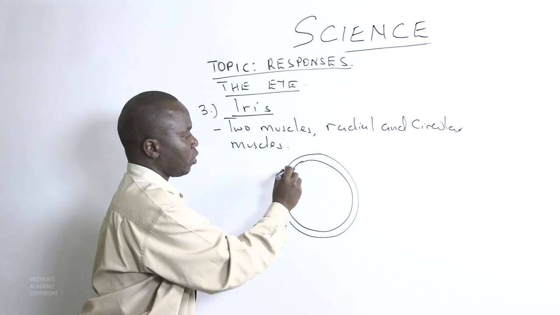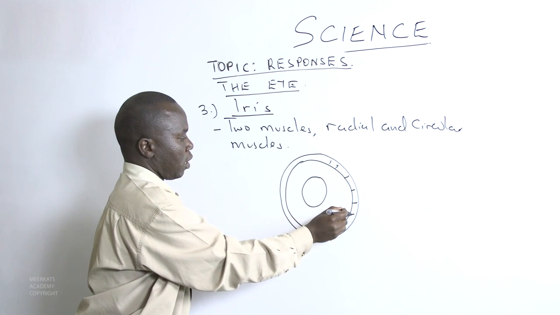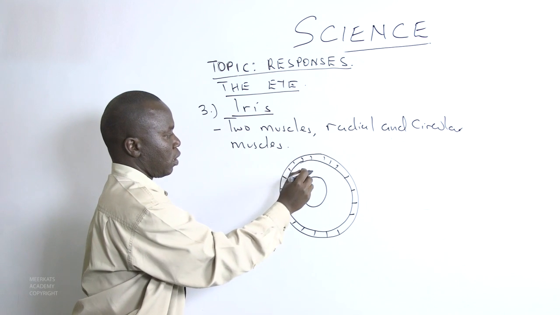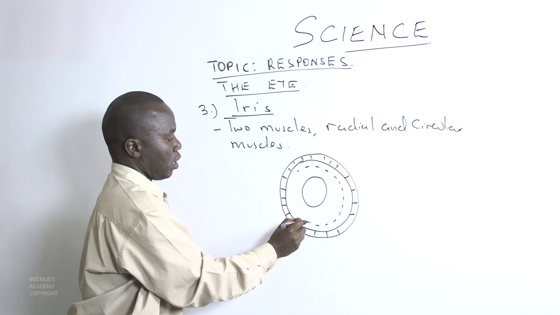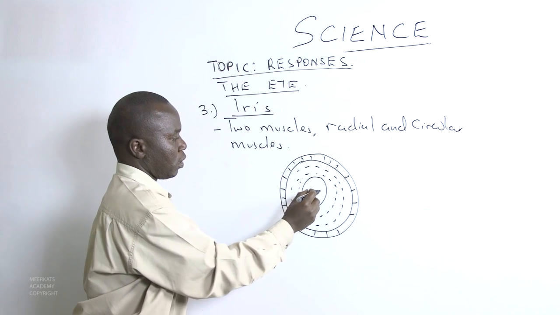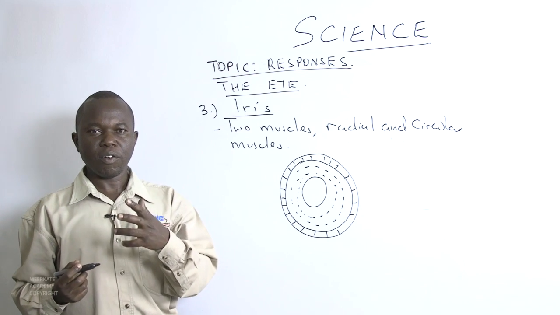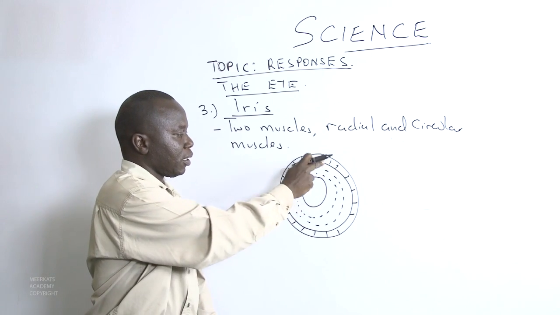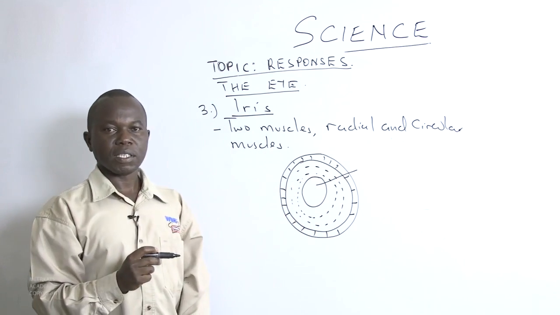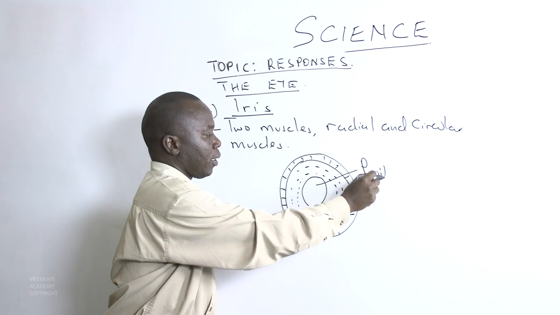It's made up of muscles, two types: radial muscles and circular muscles. If you look at it directly in the eye of a person, you realize that this part is the one that forms the dark region, but it leaves a pore or a hole. That hole is called the pupil.